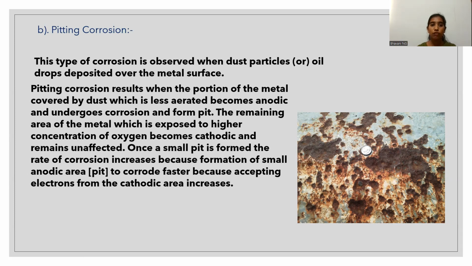The remaining area of the metal, which is exposed to higher concentration of oxygen, becomes cathodic and remains unaffected. Once a small pit is formed, the rate of corrosion increases because the small anodic area corrodes faster as it supplies electrons to the large cathodic area.